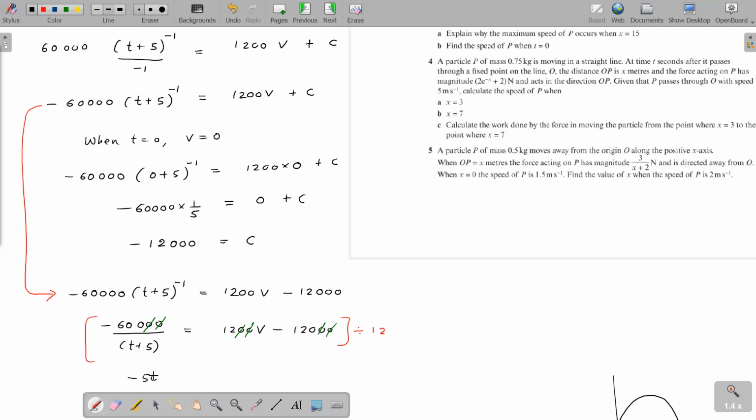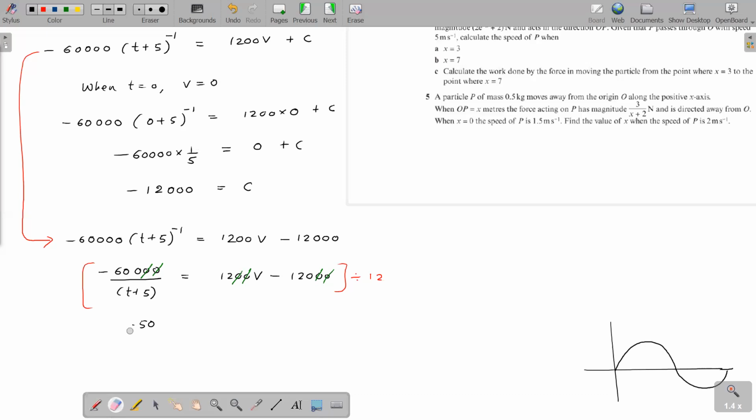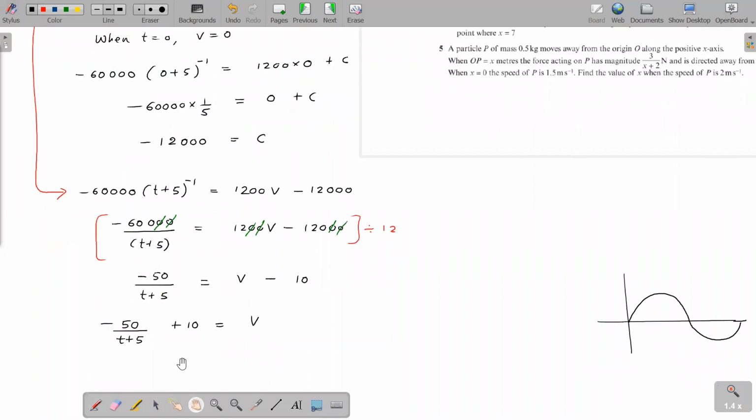So minus 50 over (t plus 5) equals 12 v divided by 12, that's v, and 120 divided by 12 is 10. So you get minus 50 over (t plus 5), minus 10 becomes plus 10, equals v. Agreed? So this is our velocity equation.